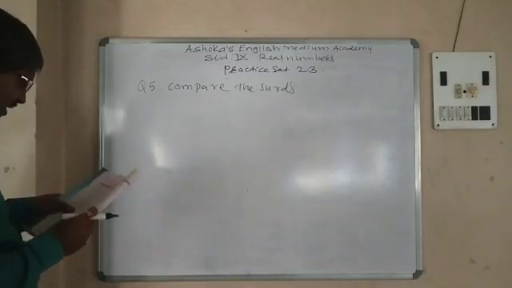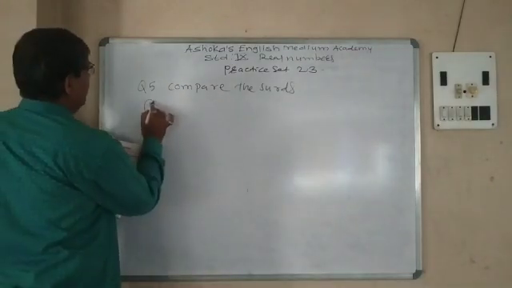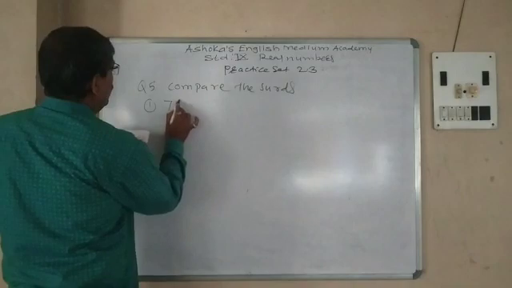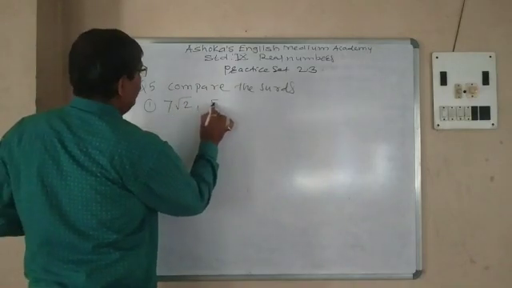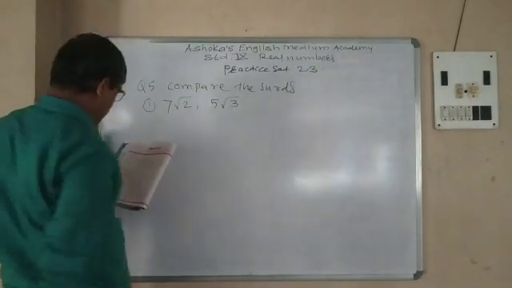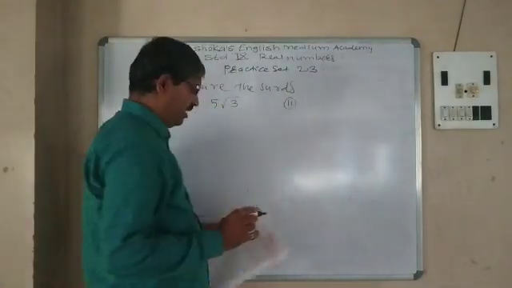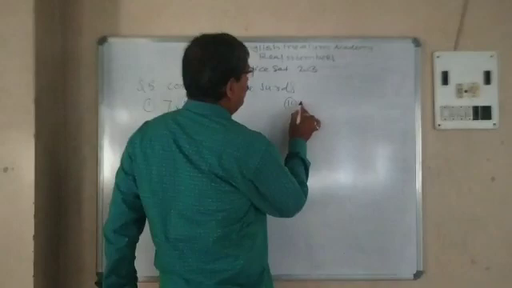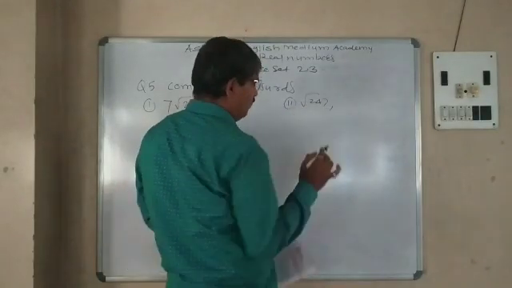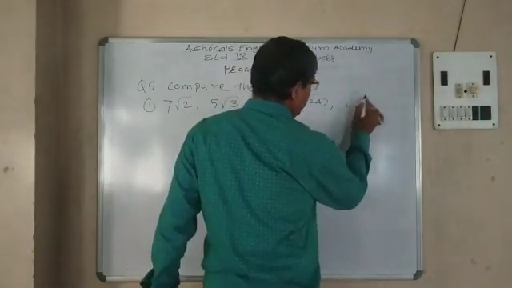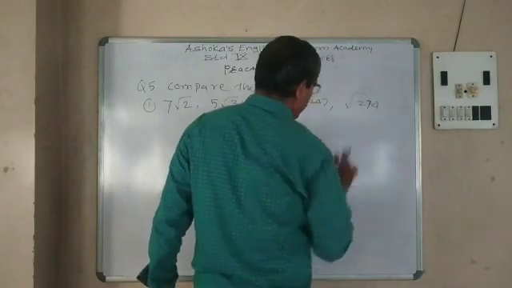First, 7 root 2 and 5 under root 3. Now the second pair that I am taking: under root 247 and under root 274.